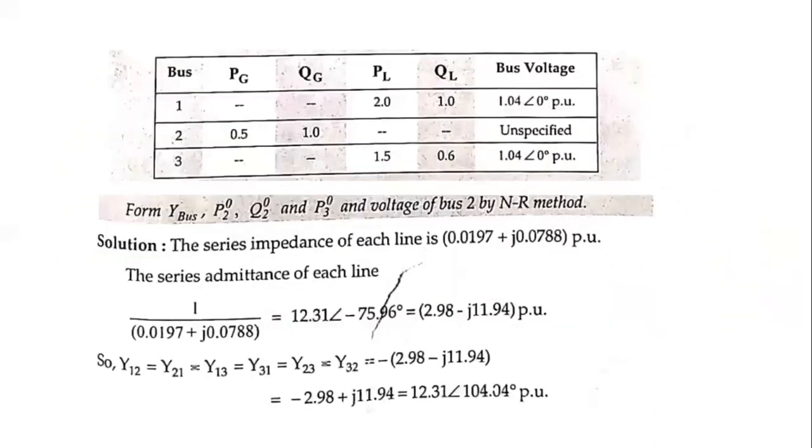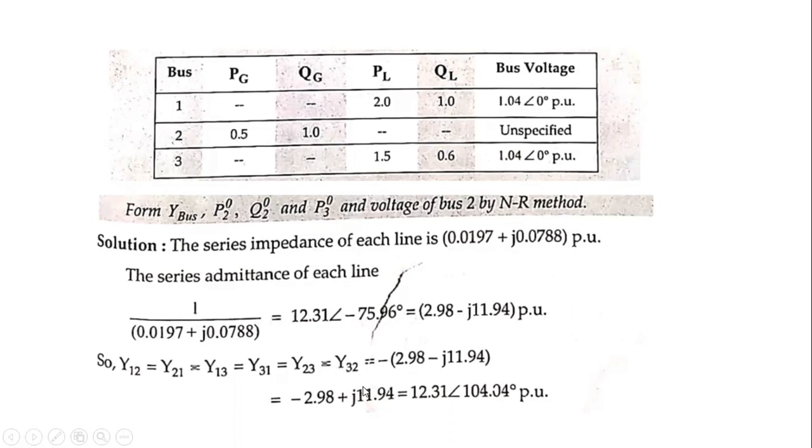The admittance is 1 by the series impedance, and minus of that value is taken as Y12, Y21, Y31, Y13, Y23 and Y32.